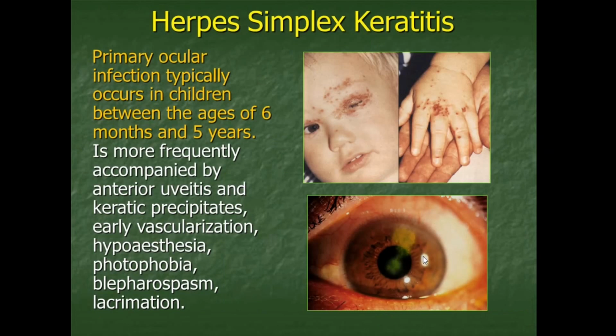Rather often we, as ophthalmologists, see herpes simplex keratitis, which may be primary or secondary. Primary ocular infection typically occurs in children between the age of 6 months and 5 years.